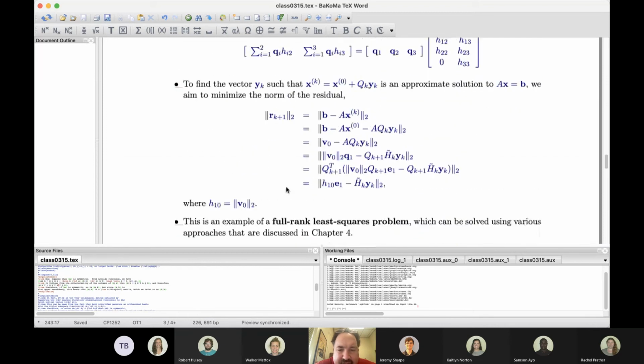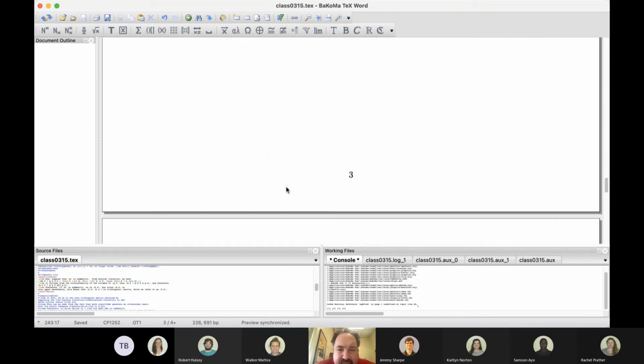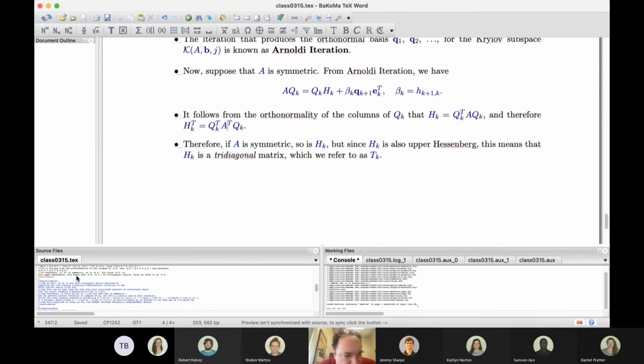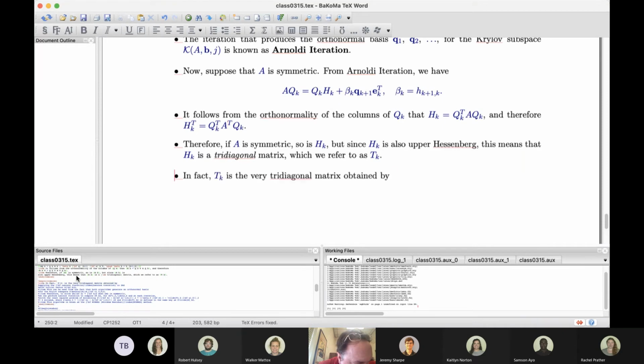That is a tridiagonal matrix that we've seen before. So I'm going to call that TK. And we've actually seen TK before. TK is a tridiagonal matrix produced by Lanczos iteration.